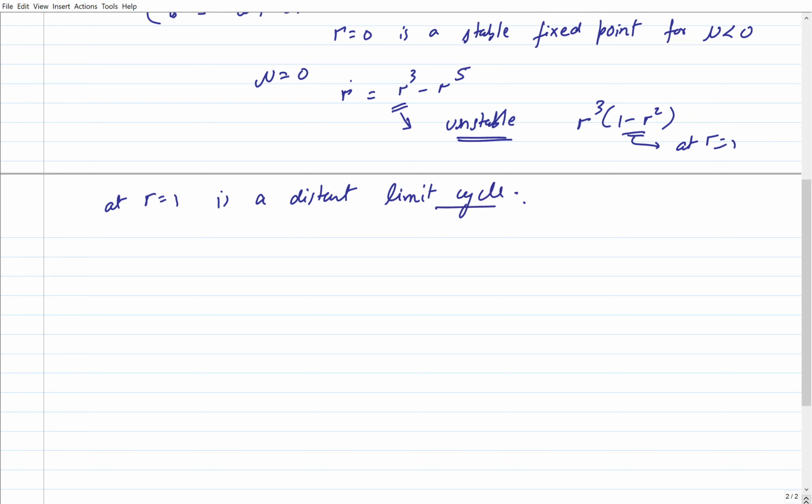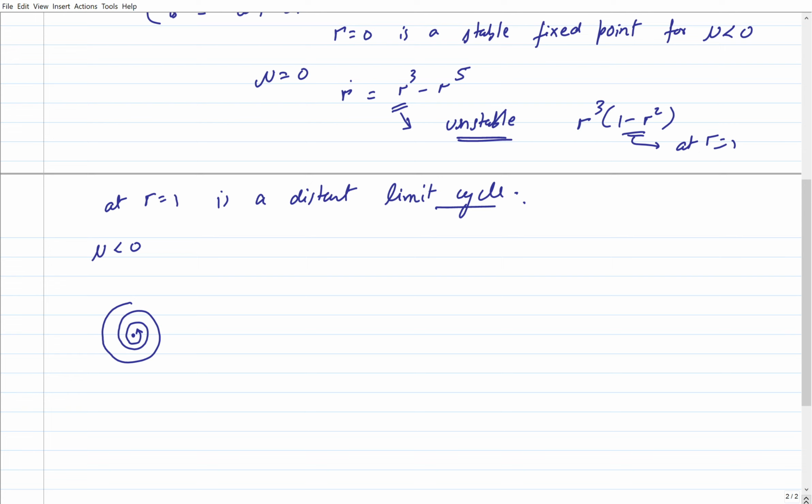So how does the bifurcation diagram look? For mu less than 0, I have a fixed point and the trajectories spiral into it. What else do I have?